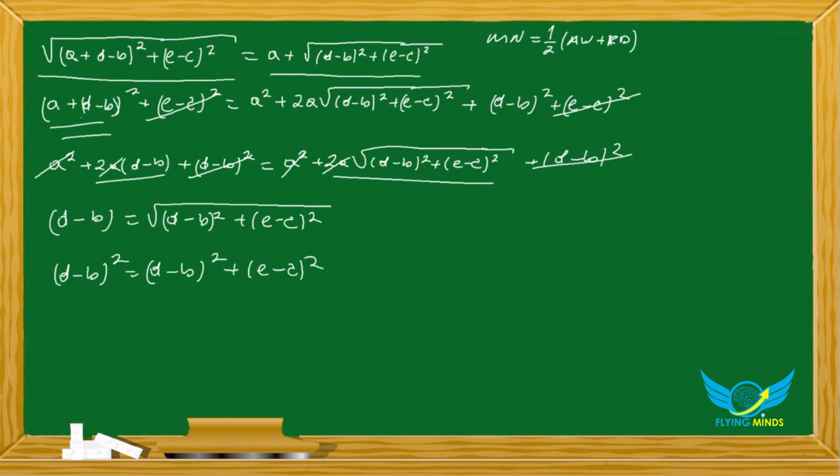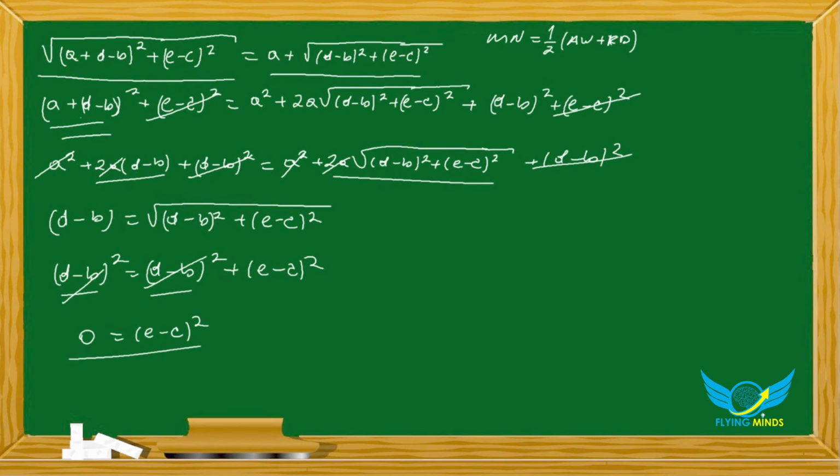And d minus b squared can be cancelled on both sides, and we're left with a very simple form: 0 equals e minus c squared.